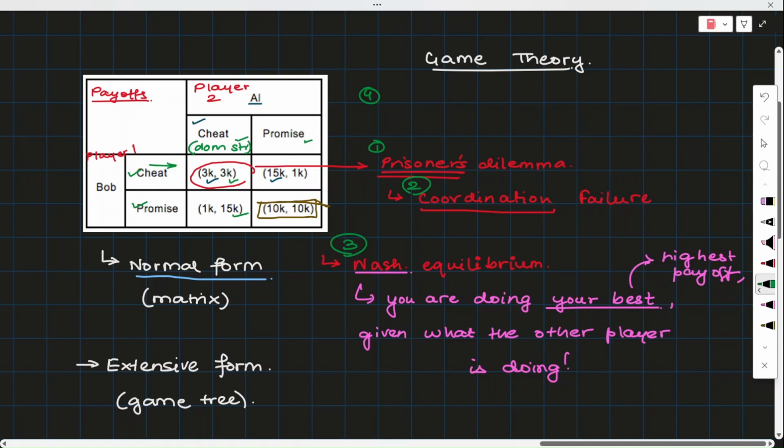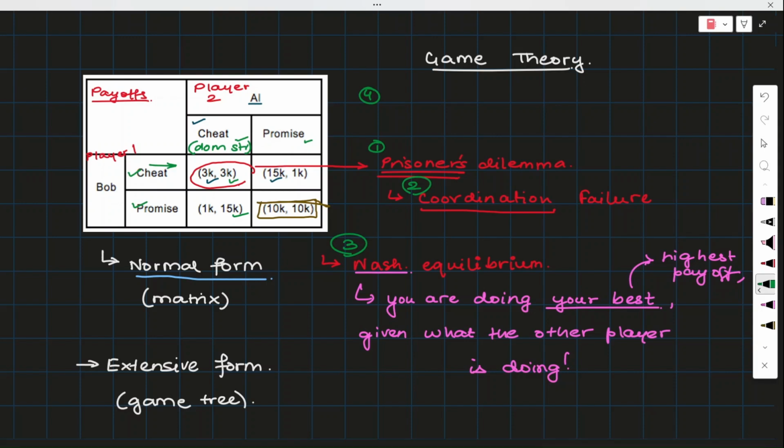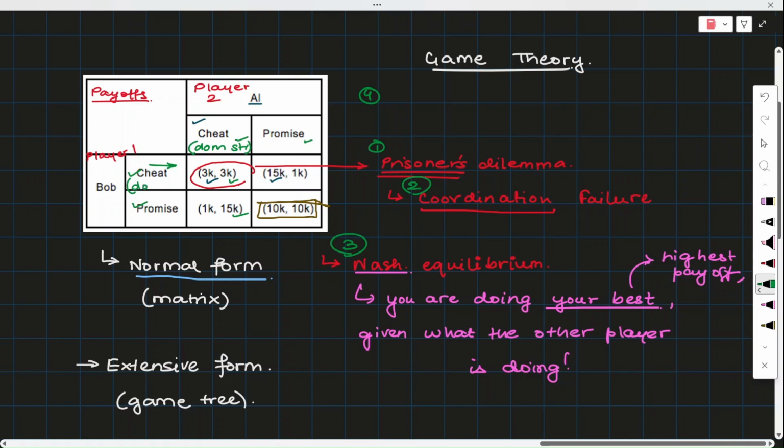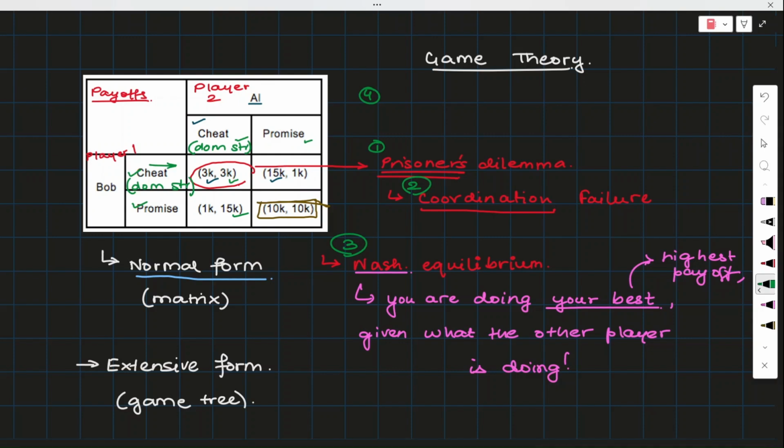One thing you can see here is when Al was cheating, Bob cheated. When Al promised, even then Bob cheated. So we can also find out that Bob's dominant strategy is also cheat. What do I mean by dominant strategy? It is basically a particular strategy where whatever the other person does, I am always better off doing this action. So whether Al cheats or promises, it doesn't matter to Bob. Bob is always better off cheating.